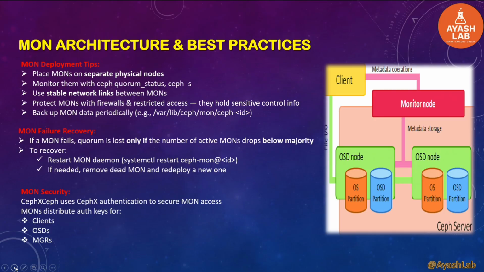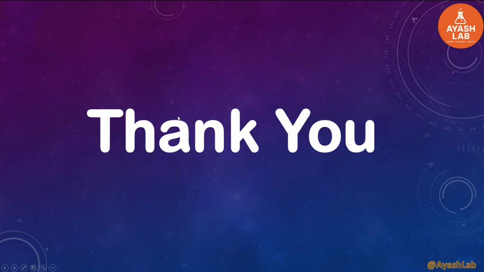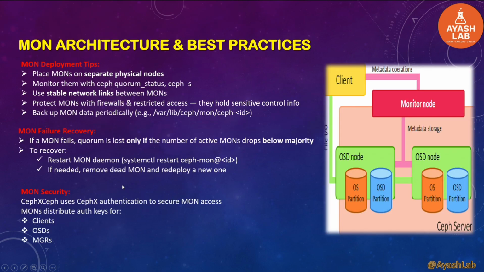Don't expose your Mon ports to the public. Always try to keep them private, because Mons hold sensitive cluster and control data. Then back up Mon data periodically. This is the command we will be using to back up and to recover in case of any failure.